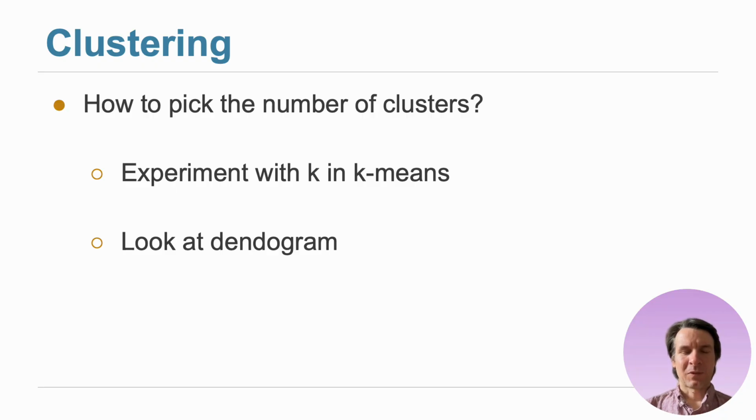A good question is, if you have clusters, how do you pick the right number of clusters? You can look at the dendrogram. It will tell you maybe when things become close, or you can experiment with different k for the k-means clustering, and you can also look at the clustering.